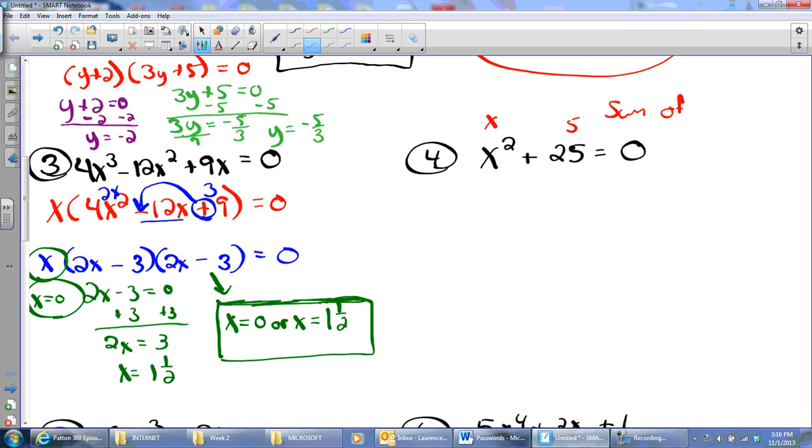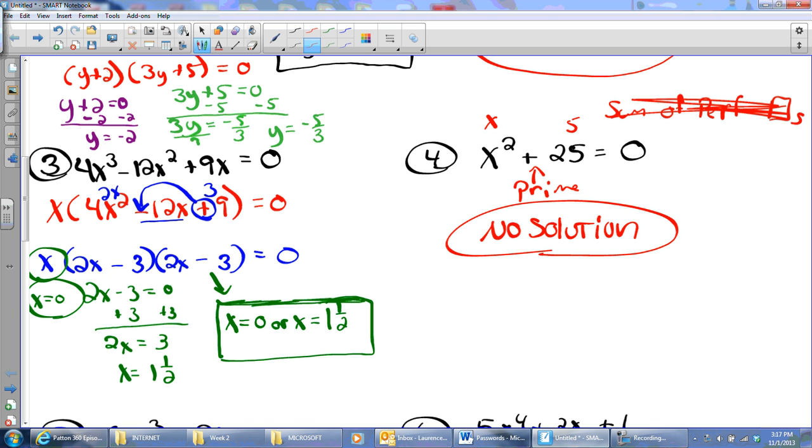Nope, no such thing. This part here is prime. Well, if it's prime, then it can't be factored, right? If it can't be factored, I can't solve it, and so there's no solution to this problem because I'm asked to solve it. So this would have no solution.